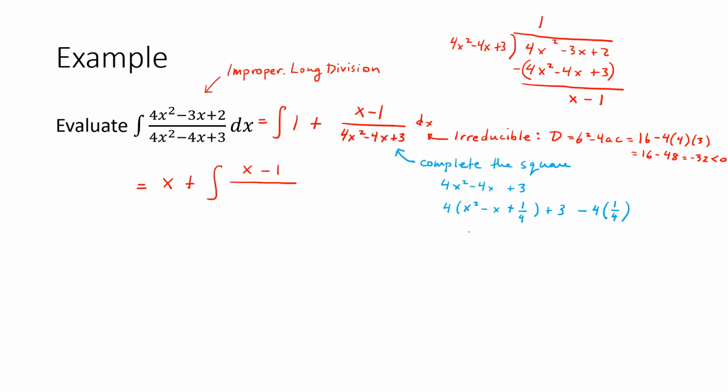And now this will factor into 4 times x minus a half squared. And then out here we've got 3 minus 1, so 2. Now we've completed the square there.